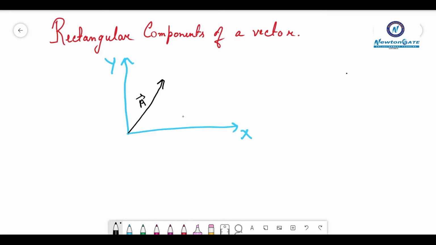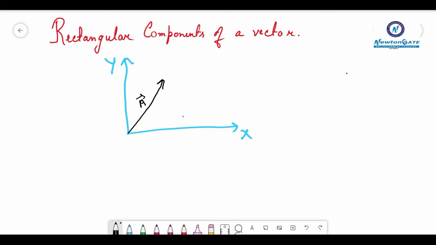Now I have a vector A and I have drawn the x and y coordinate axes. First we will see the resolution of a vector through only the x and y axes.